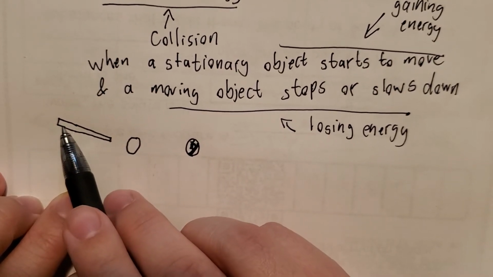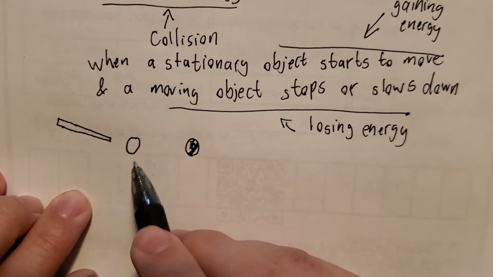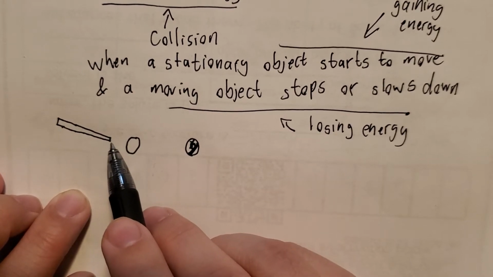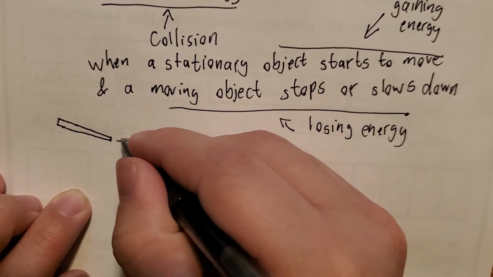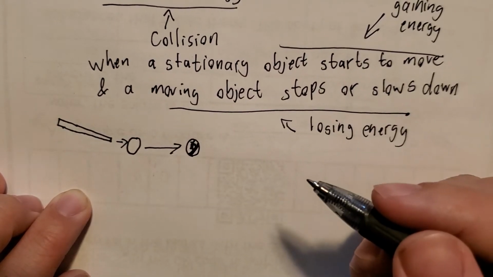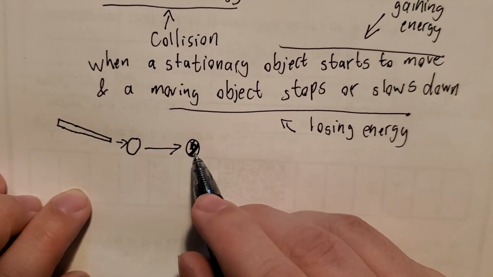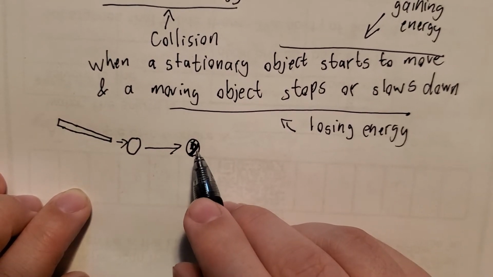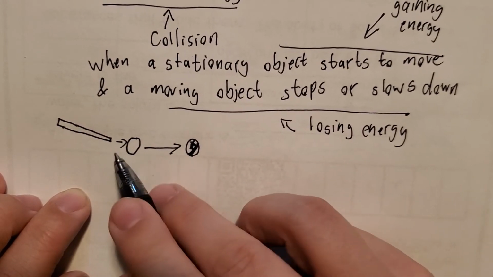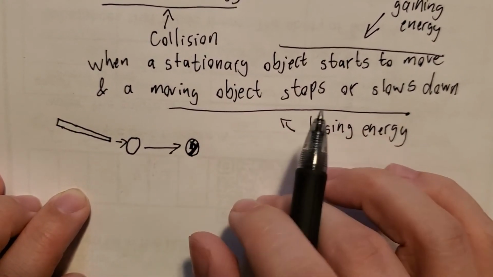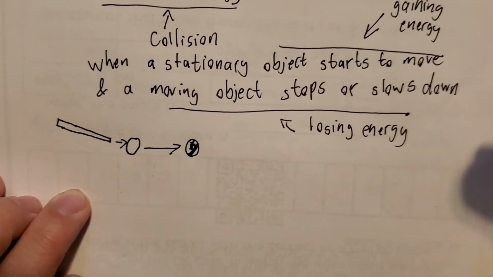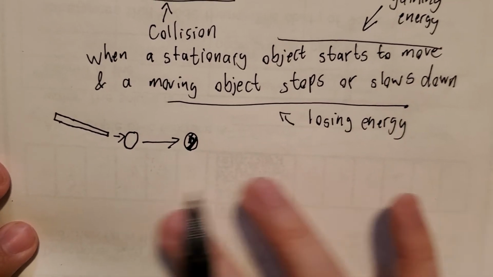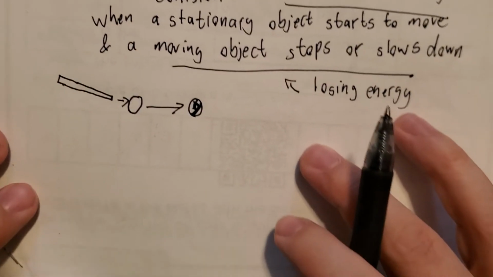You give this mechanical energy, you move the cue stick, it has a collision with the cue ball, the stick stops moving, and then the cue ball goes this way. When it hits the next ball, which is not moving compared to the cue ball, it will transfer the mechanical energy to that ball. But in this case, maybe the cue ball doesn't come to a complete stop, and it just slows down or bounces off in a different direction. So this would be an example of mechanical energy transfer.